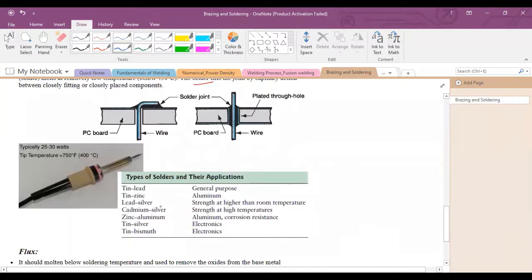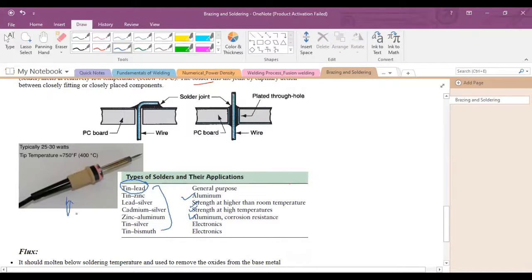The normal filler materials or types of solders used in the soldering process are tin-lead alloy and tin-zinc alloy, and these are the base metals which are going to be soldered with these alloys.